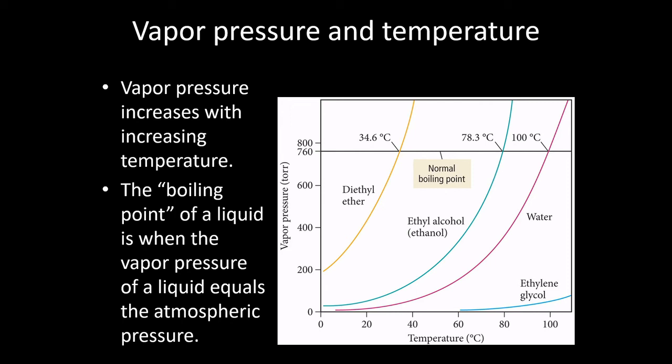So when you boil water on your stovetop, what you're doing there is you're heating it up to the point where the gas molecules that are escaping from the liquid phase and going into the gas phase are actually at the same pressure as the atmosphere that we experience all the time. They're at 1 atmosphere of pressure, or 760 torr, or millimeters of mercury. And that is the definition of the boiling point.